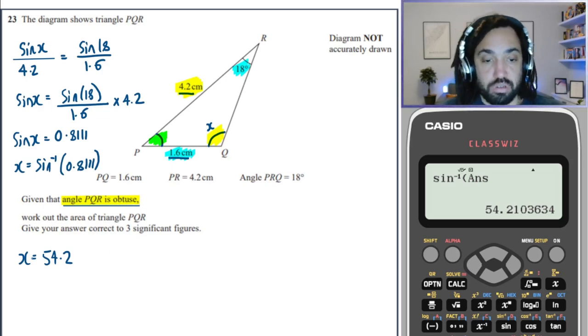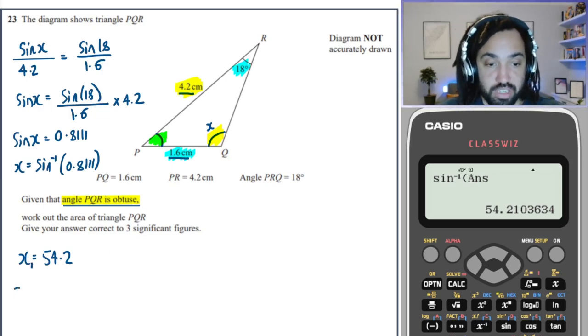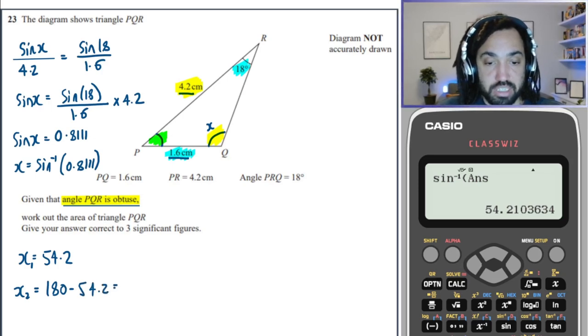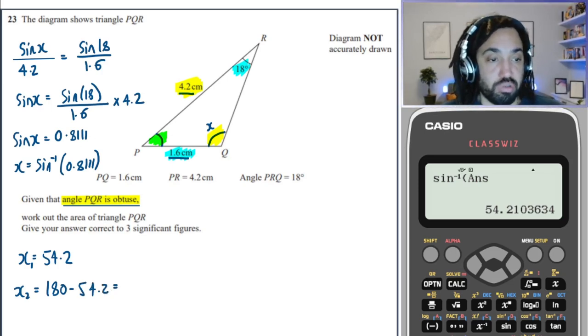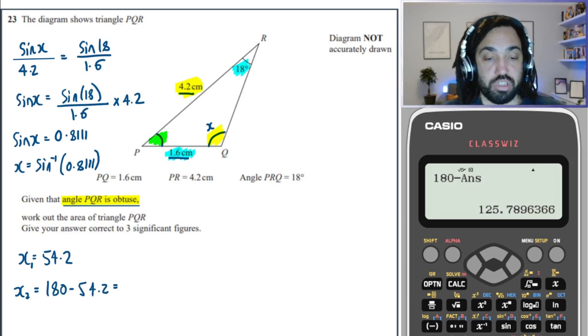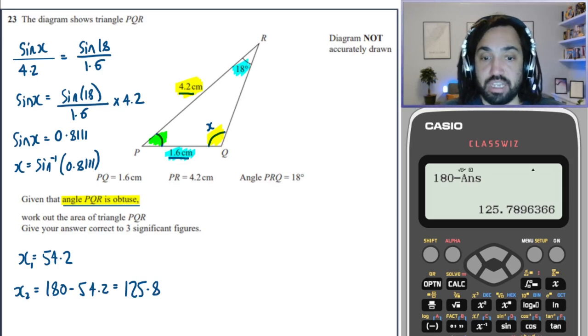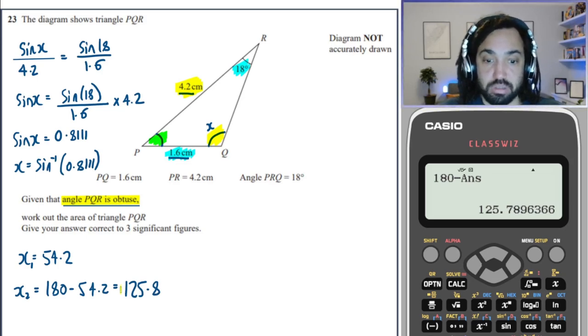So that is the first possible answer for x, but there is a second answer which we can get by doing 180 minus the first answer. Okay, so that's what you have to do when you're using the sine rule. There are always two possible answers, one obtuse, one acute. And if you want the obtuse one, you have to do 180 minus. Okay, so that is our yellow angle.